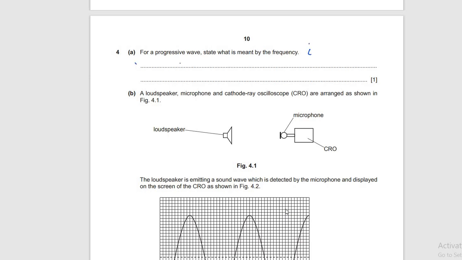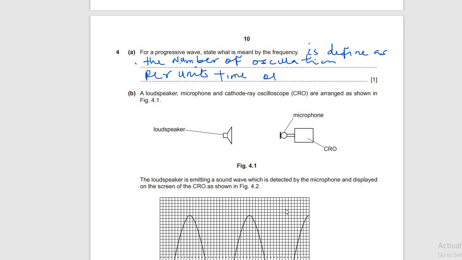Frequency is defined as the number of oscillations per unit time of the source, as in the source related to the question you're talking about.